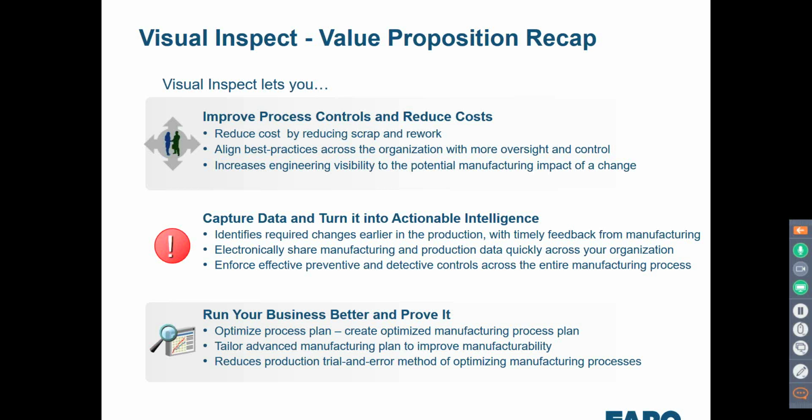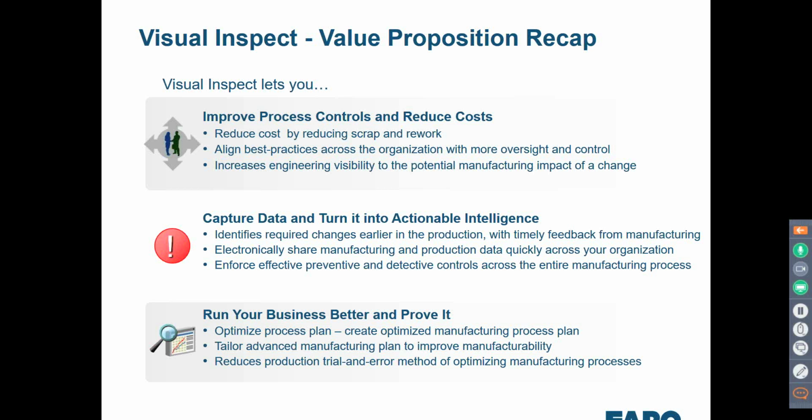We increase your engineering visibility to potential manufacturing impacts or changes, ECOs, issues within your manufacturing process that you'd like to document immediately and push out to either your plant or your entire organization globally. We allow you to capture data and turn it into actionable intelligence, or basically something that you can make a change very quickly with, because you've got good information, real-time information.